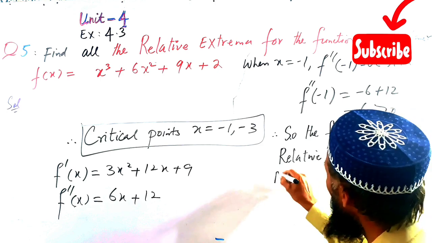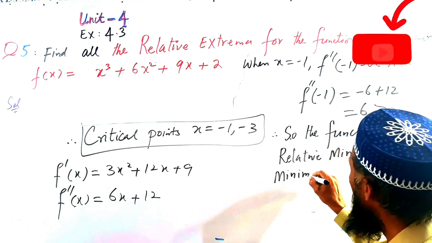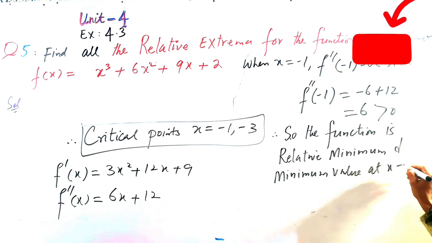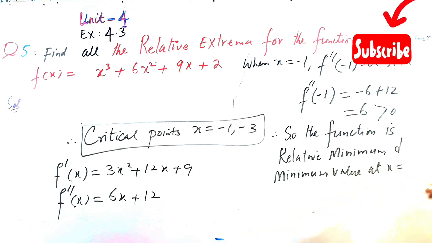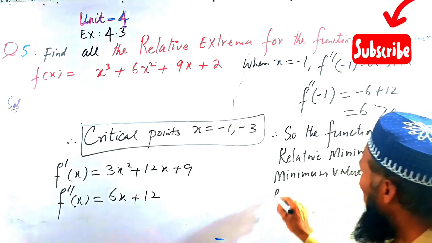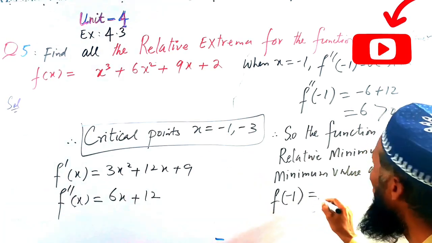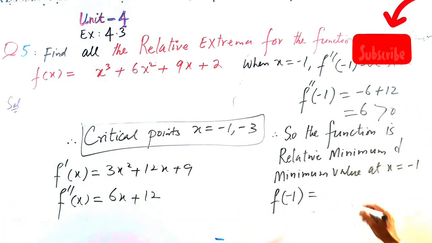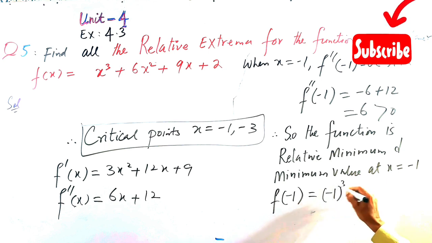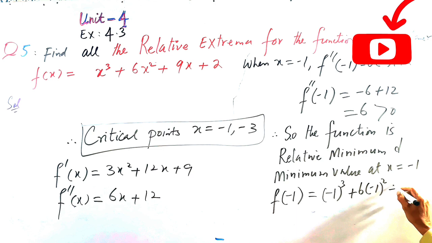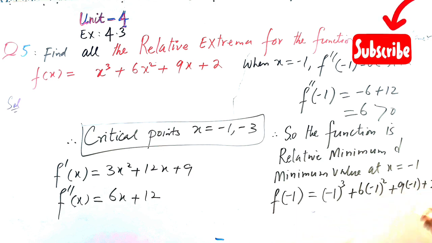And the minimum value at x equal to minus 1: in the original function we put minus 1, which is minus 1 cube plus 6 into minus 1 square plus 9 into minus 1 plus 2.